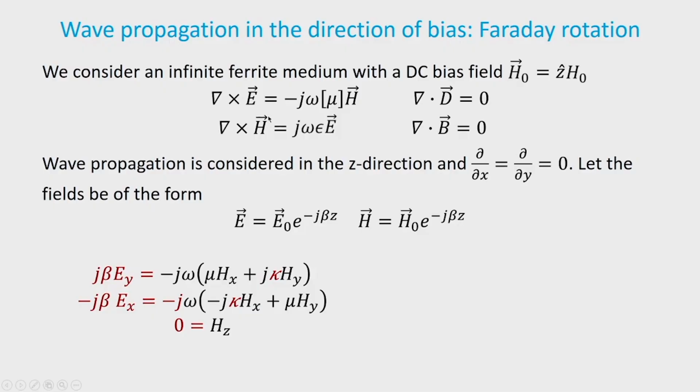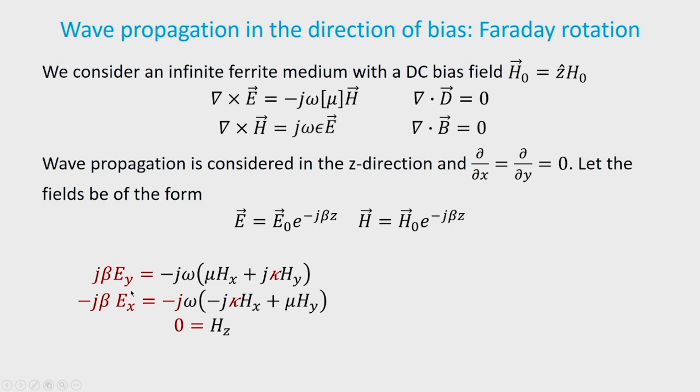Now, in this curl expression, we will have del x and del y as 0, and therefore only del z will be present, and the derivative with respect to z will give minus j beta.